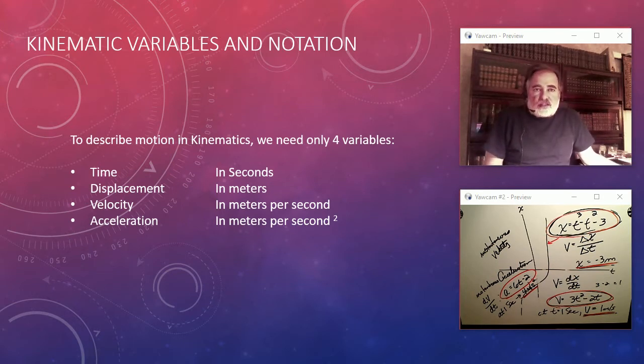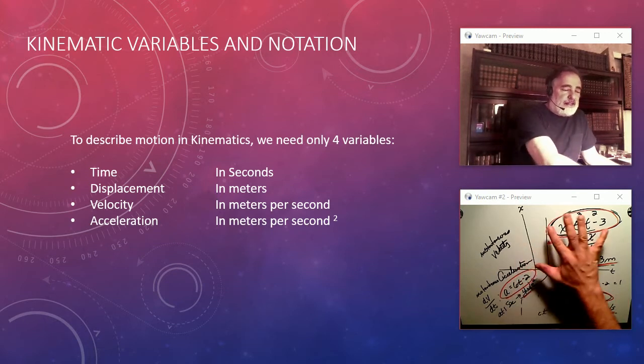So in describing the motion of kinematics, we've covered how we can look at velocity and how we can look at acceleration. Time, displacement, velocity, and acceleration are the only variables we really need for kinematics. In addition, of course, as I just showed you on the whiteboard, we can also calculate instantaneous.